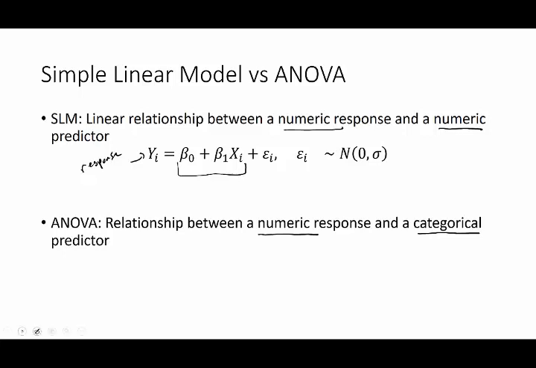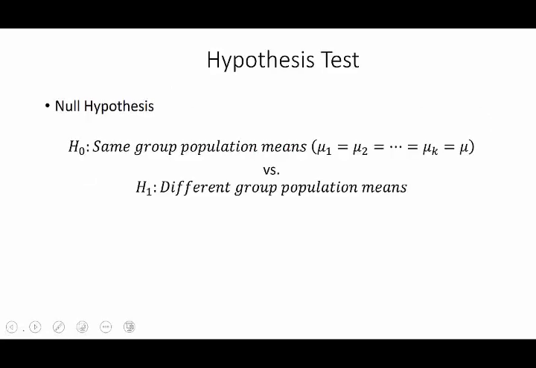So the mathematical model now is we're trying to see if the y_ij's are a group mean, so this would be a population group mean here, plus some IID noise terms, where those noise terms, again, we're going to model as normal random variables with a constant standard deviation sigma.